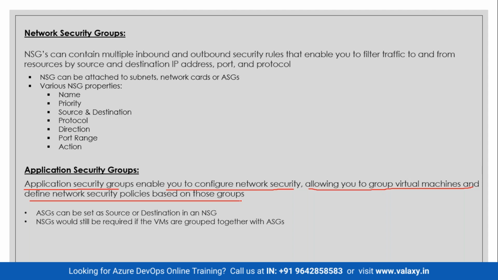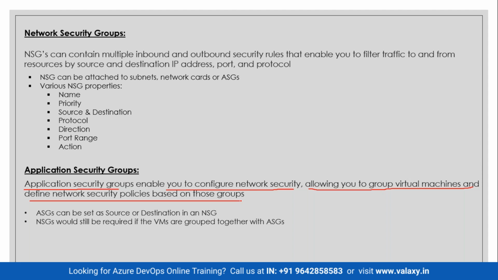They don't have direct interaction with the internet. No one can access those servers directly from the internet. But if for some administrative purpose you want to access, then definitely it can go through front-end VMs. Such a setup you can easily do with ASG.